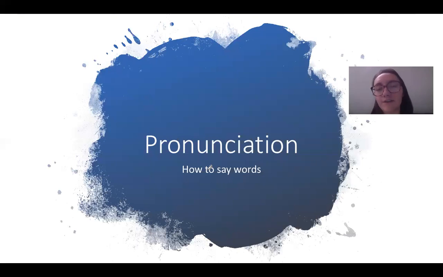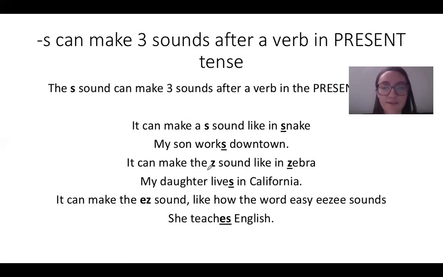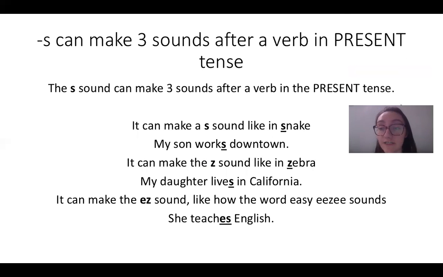So the next one that we're going to do is pronunciation. For this one, the pronunciation is just how to say the words. In English, the S can make 3 sounds after a verb in the present tense.